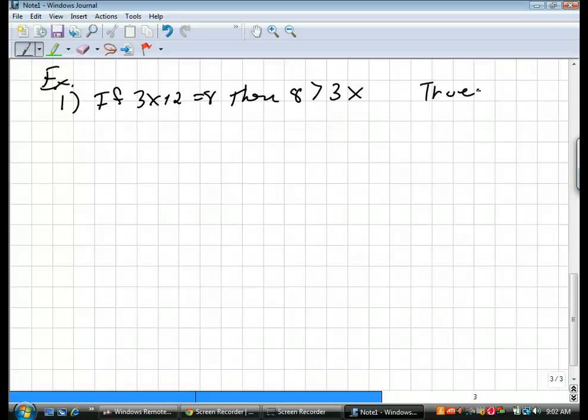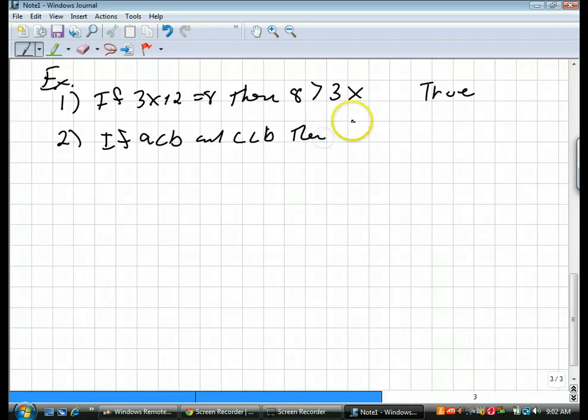Okay, number 2, if A is less than B and C is less than B, then A is less than C. Okay, this one is false.